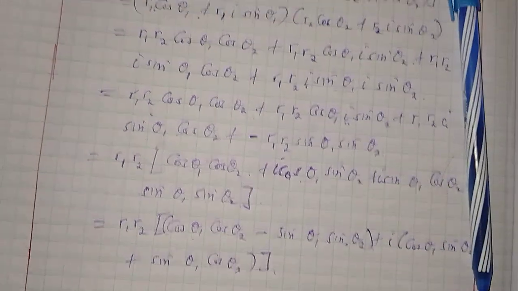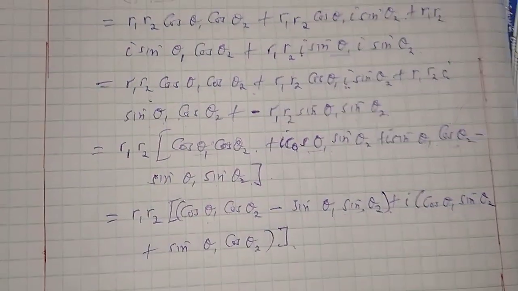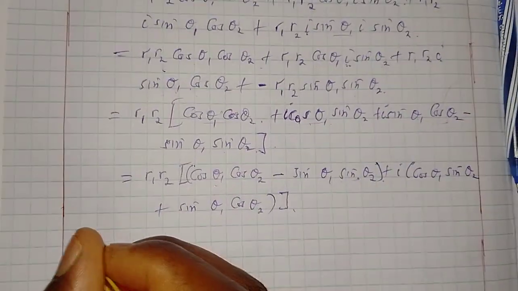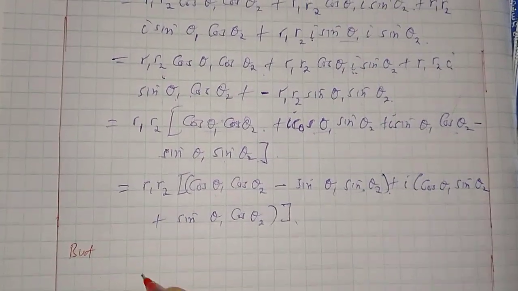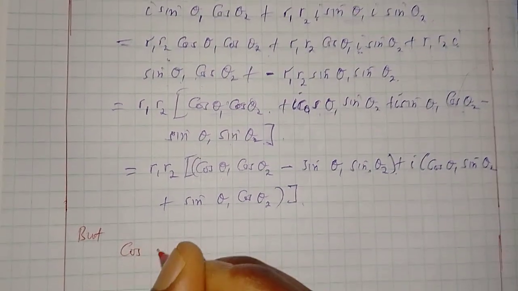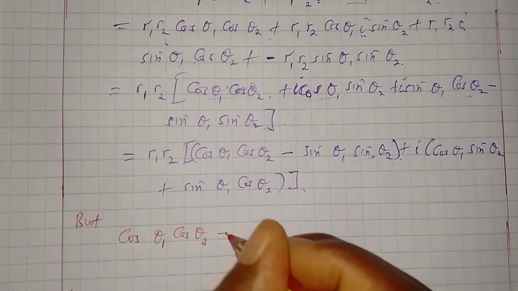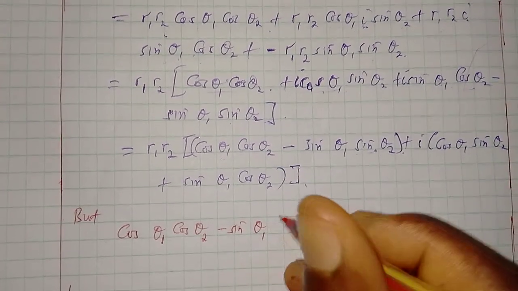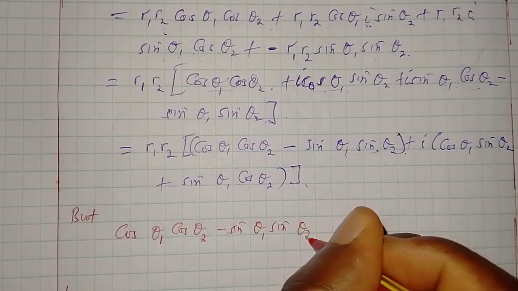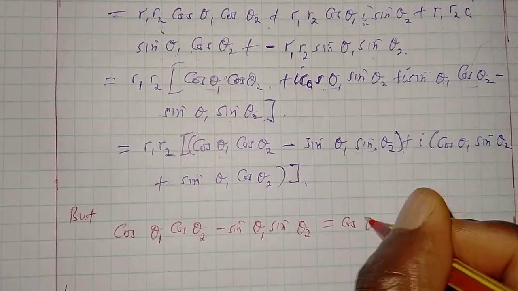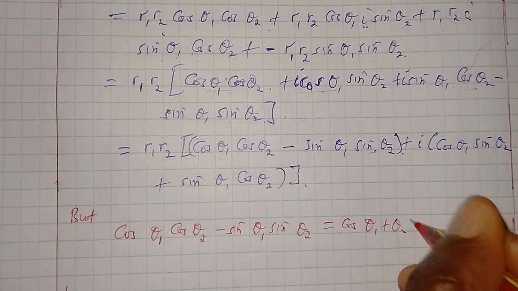So we have to remember this trigonometric identity that says cos theta1 cos theta2 minus sin theta1 sin theta2 is equal to cos of theta1 plus theta2.